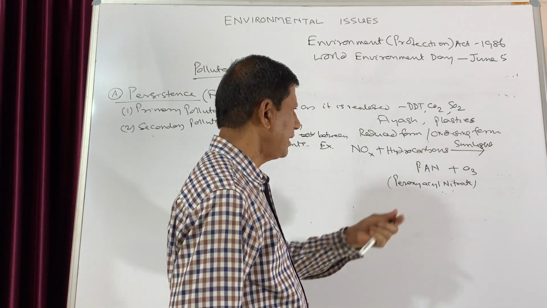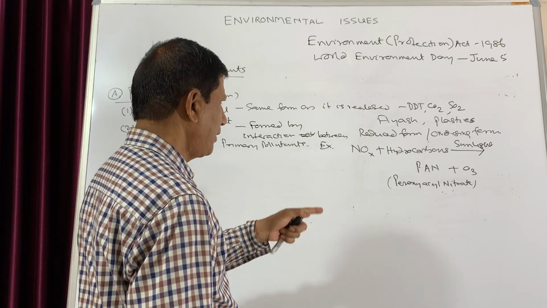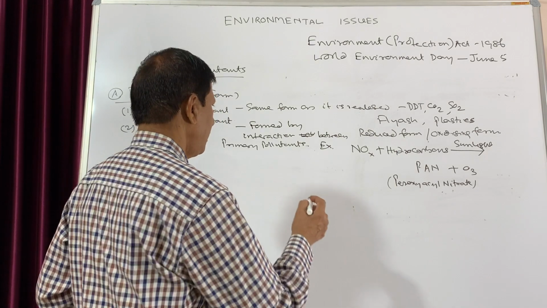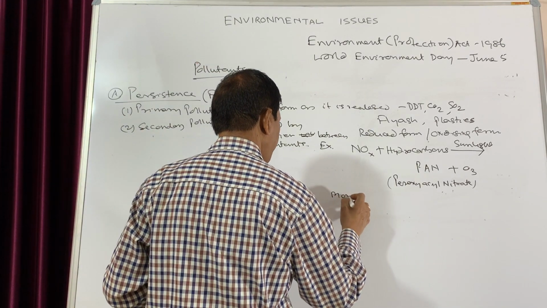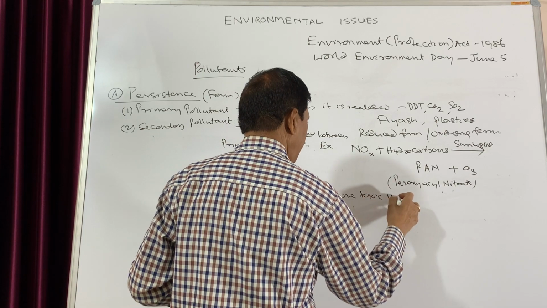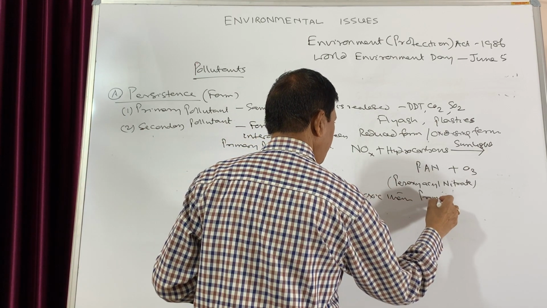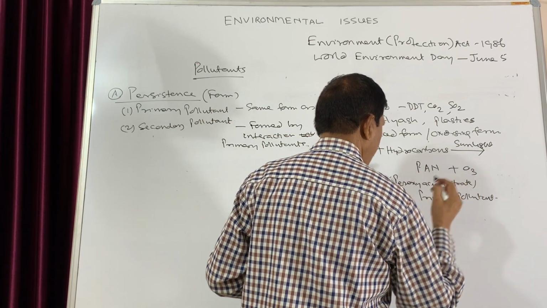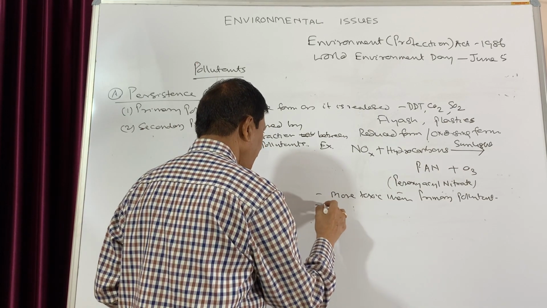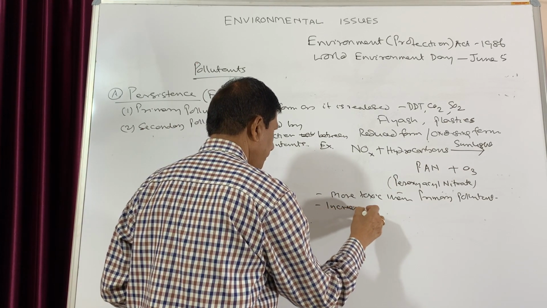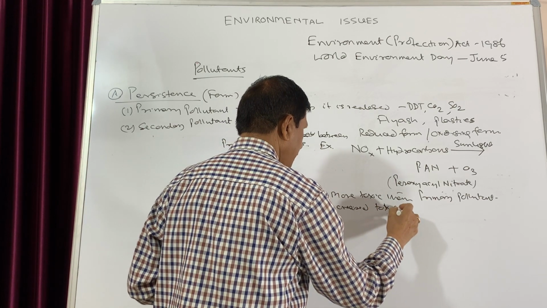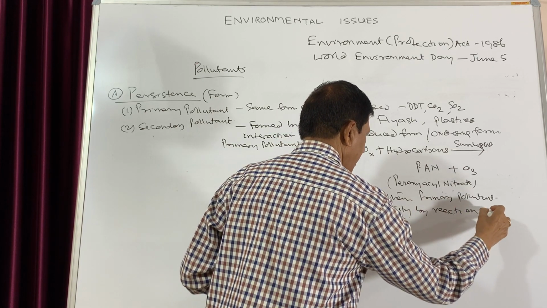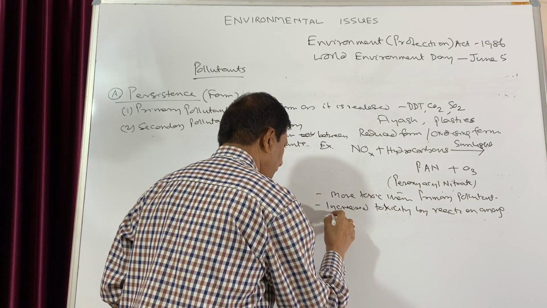So these are the secondary pollutants, and secondary pollutants are usually more toxic than primary pollutants. They have increased toxicity by reaction among pollutants.